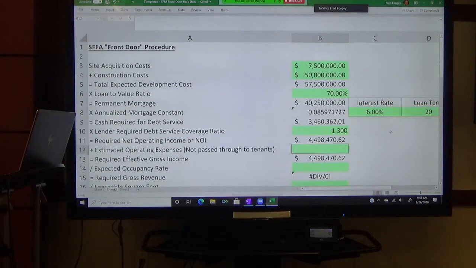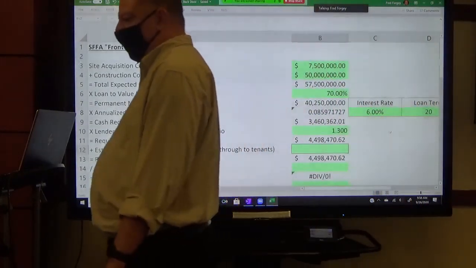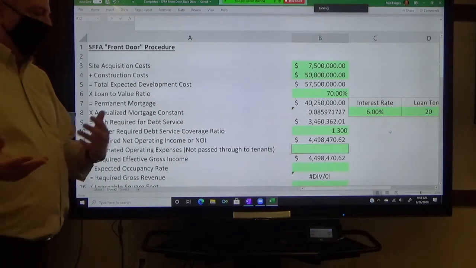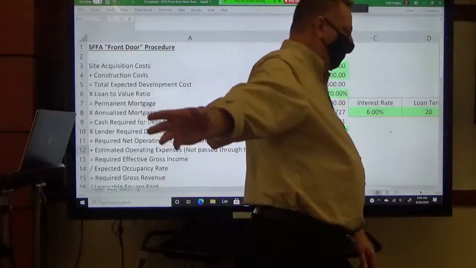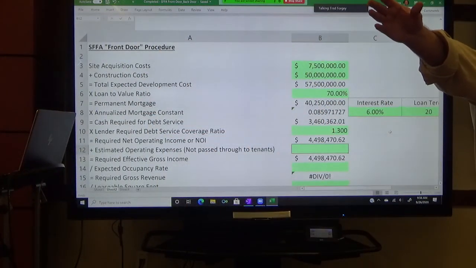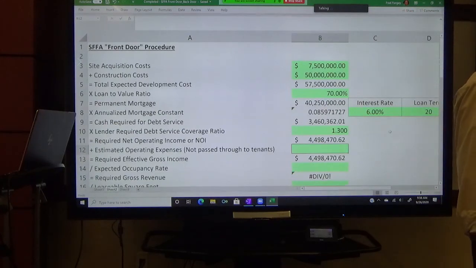one of the things that we haven't really talked about is that sometimes expenses are passed on directly to tenants. In other cases, the property owner pays for them, depending on whether we have, on one end of the spectrum, an absolute triple net lease, or on the other end of the spectrum, a gross lease, okay?